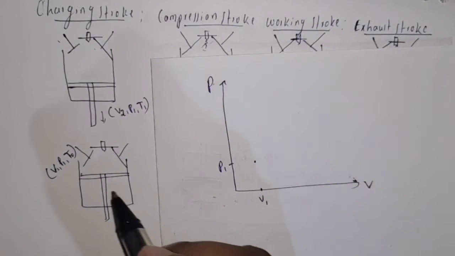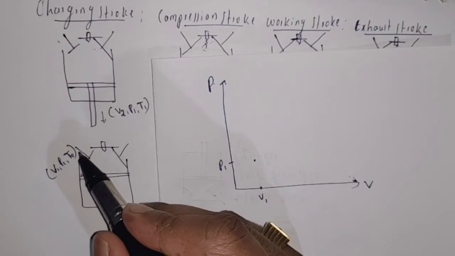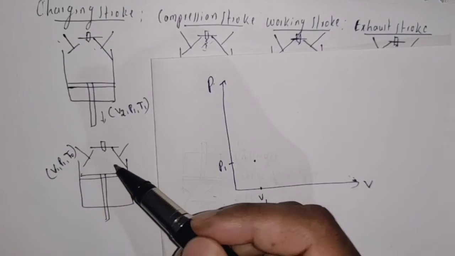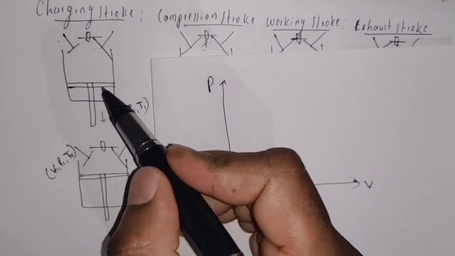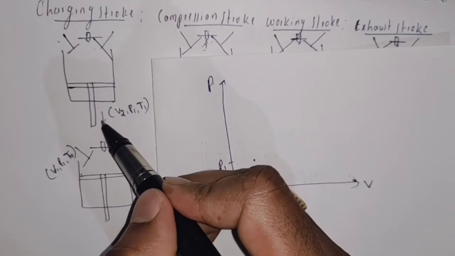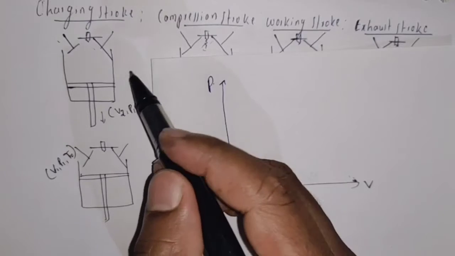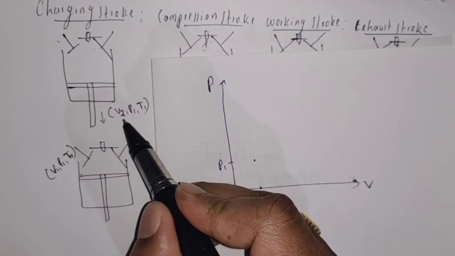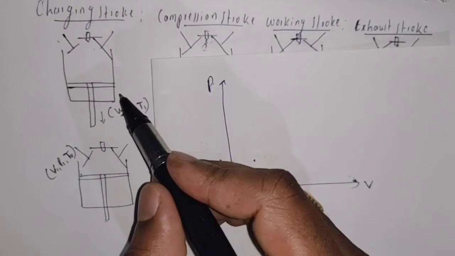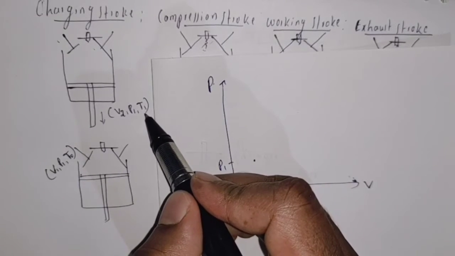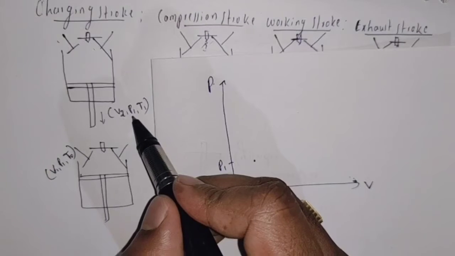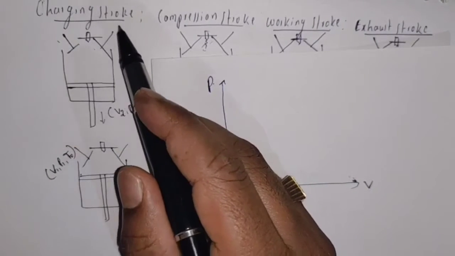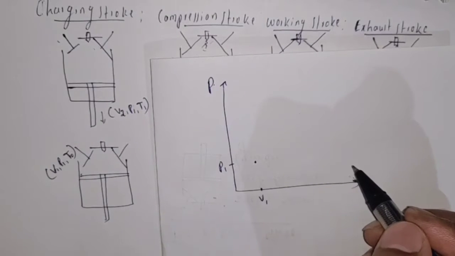When a mixture of air and petrol is sucked into the cylinder, we observe that the piston moves in the downward direction and there is an increase in volume, that is V2, and also a change in temperature T1, but the pressure remains the same, that is P1. Let us represent this charging stroke in the PV diagram.